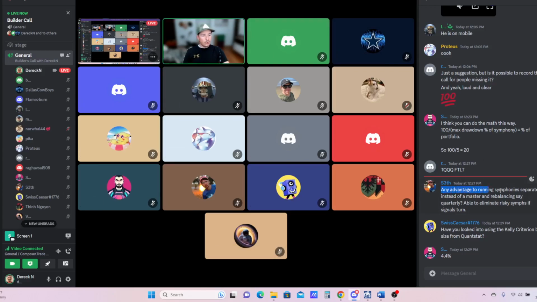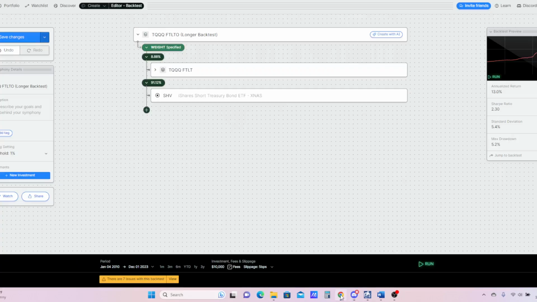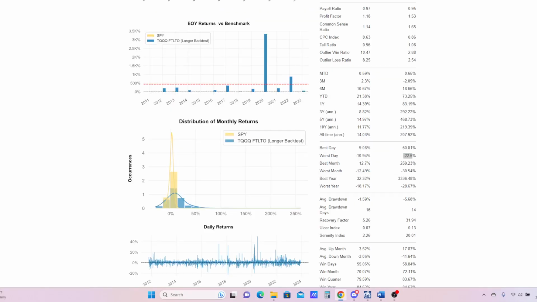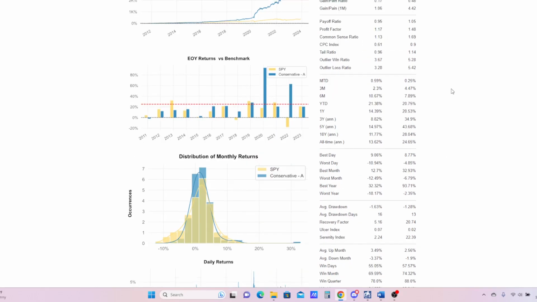Any advantage to running symphonies separate instead of a master and rebalancing, say, quarterly, able to eliminate risky synths if signals return? Yeah, absolutely. Have you looked into using the Kelly criterion bet size for QuantStat? Yeah, I have looked at Kelly criterion. The problem is it always gives you a super low number. Let me go to that conservative one.